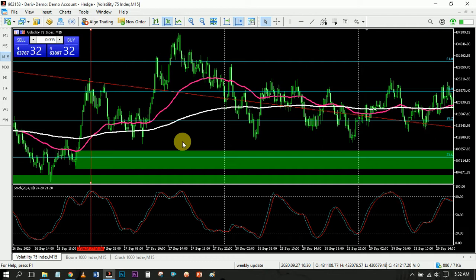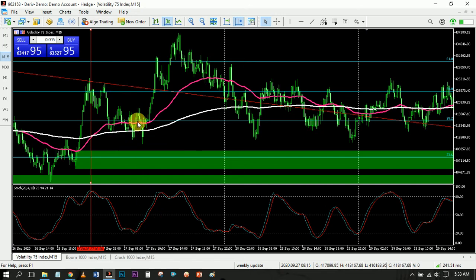Basically it's quite simple. Right here you can see that the market entered the week, which was last week, and dropped. You can see that the trend here is an uptrend. It dropped and touched this level here.